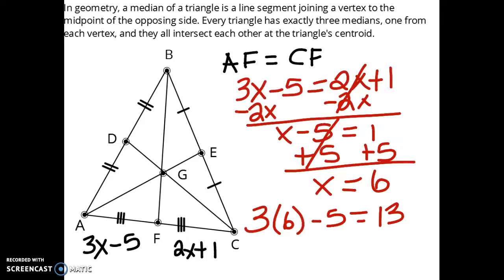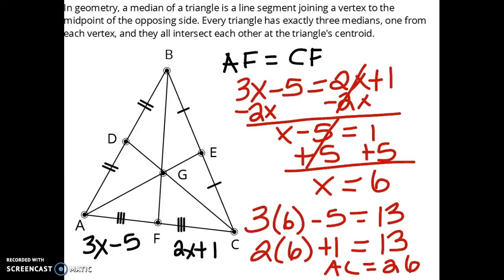That's 13. So AC equals 26. That will give you the base of that triangle. Now, if I was trying to find the area of that triangle, I can do that, knowing that the base is now 26.